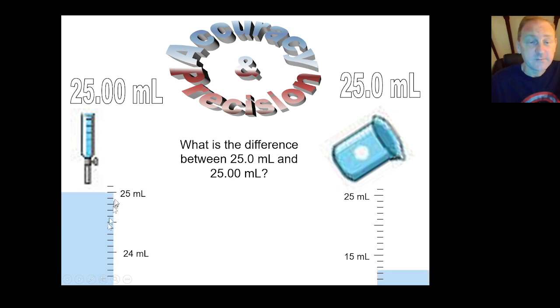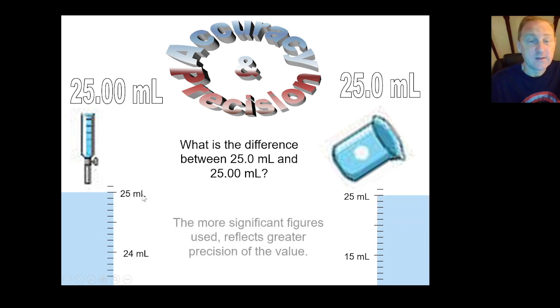If I have a measurement here, the water is lined up exactly at the 25 milliliter mark. But if you look here, between these marks between 24 and 25, these are tenths. So this would be 24.1, 24.2, 24.5, all the way up to 24.9, and this is 25.0, 25.00.